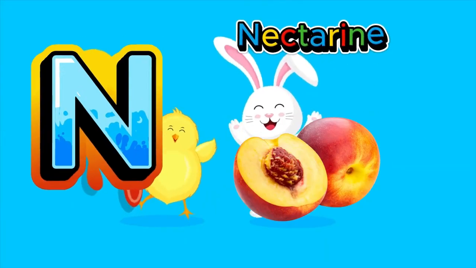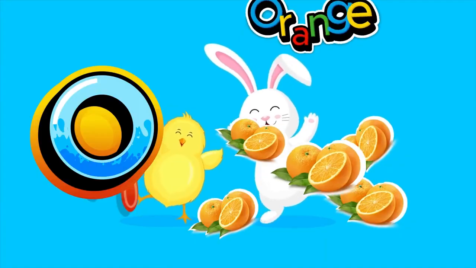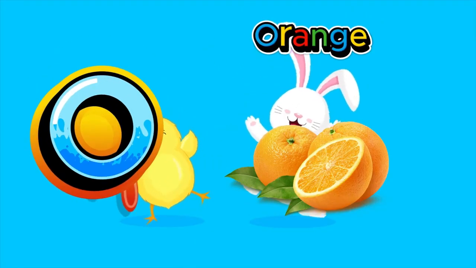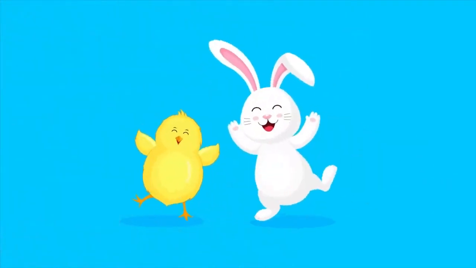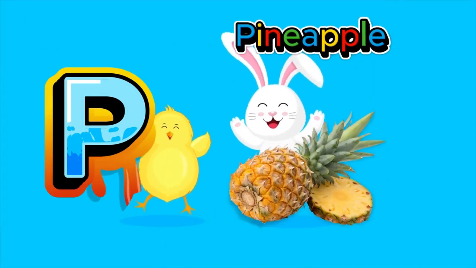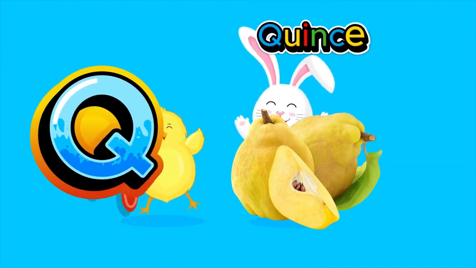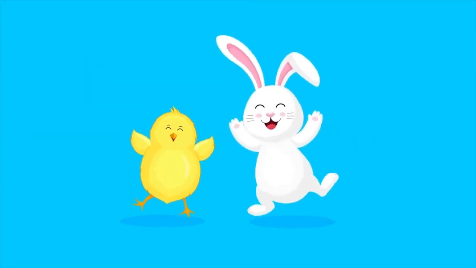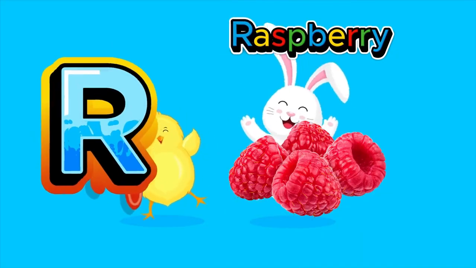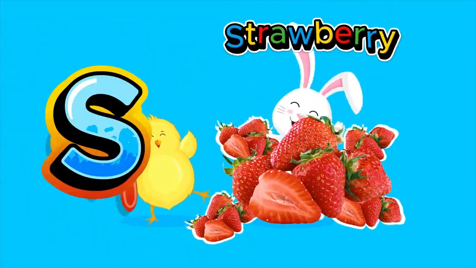N is for nectarine. Nectarine. O is for orange. Orange. P is for pineapple. Pineapple. Q is for quince. Quince. R is for raspberry. Raspberry.